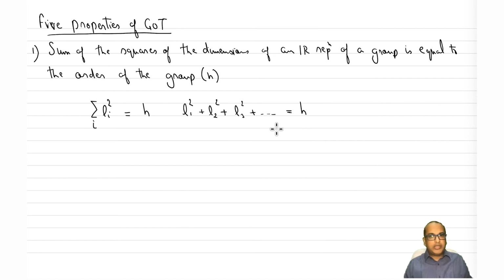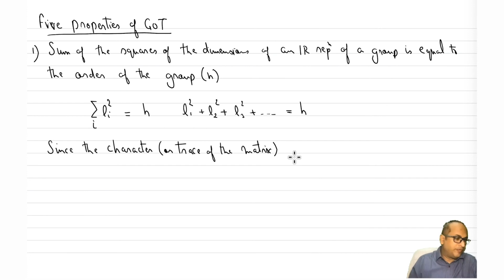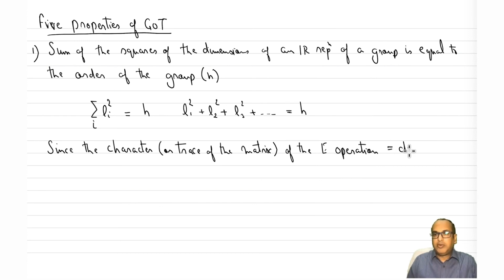Or we can also say, since the character or trace of the E operation is equal to the dimension of the IR representation.